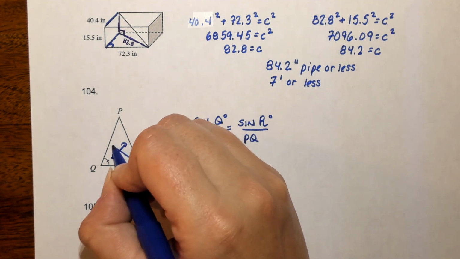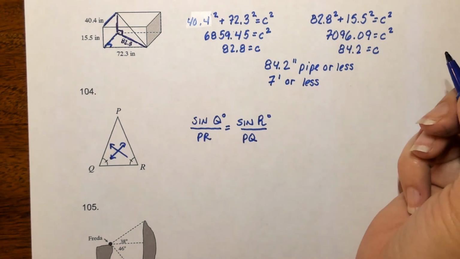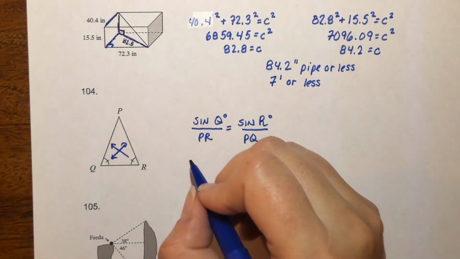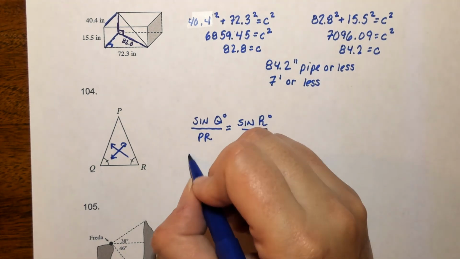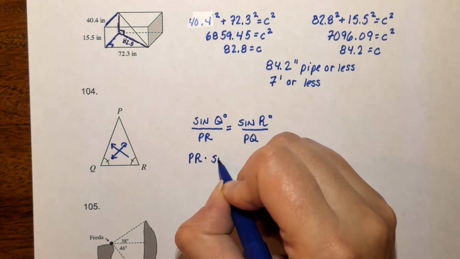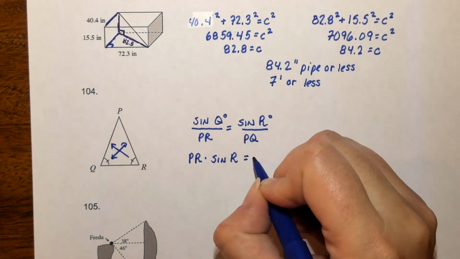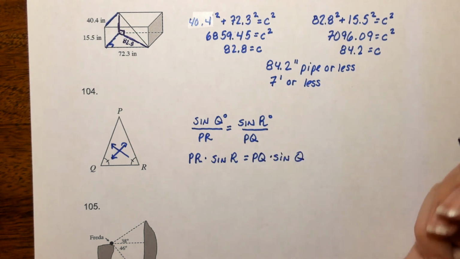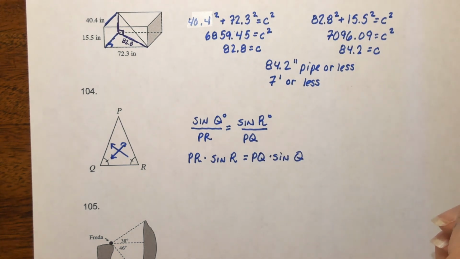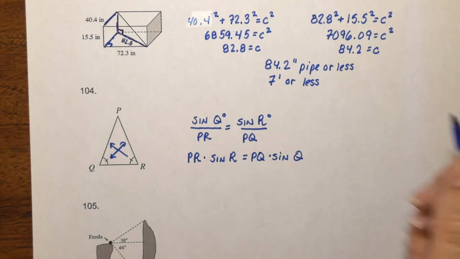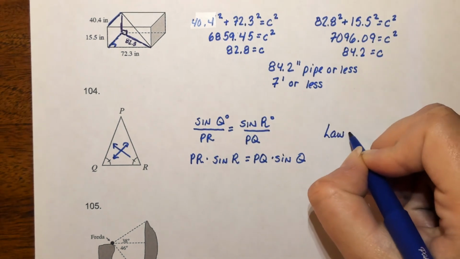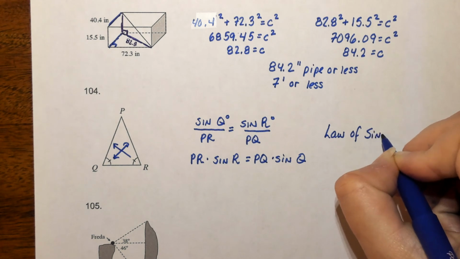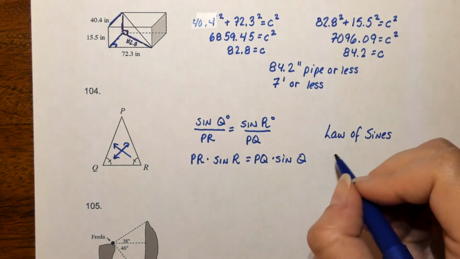This and this. Okay, now I'm going to cross multiply. And a proper proof is going to have a justification over here.